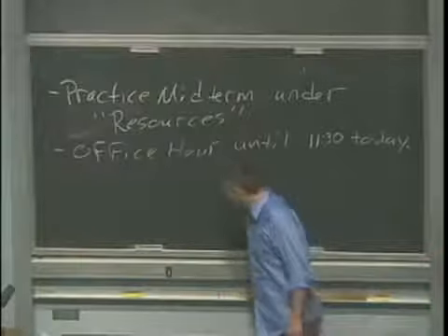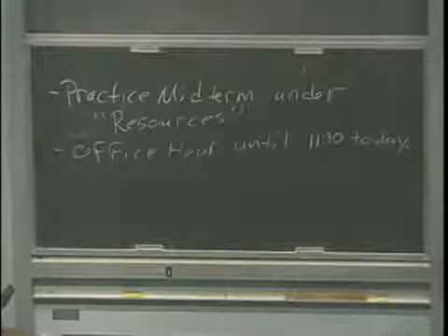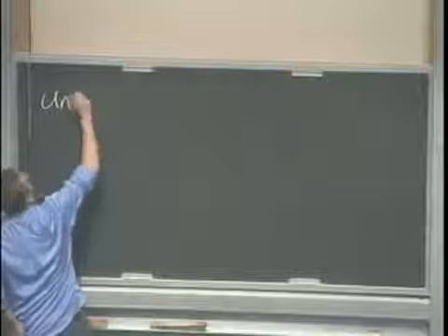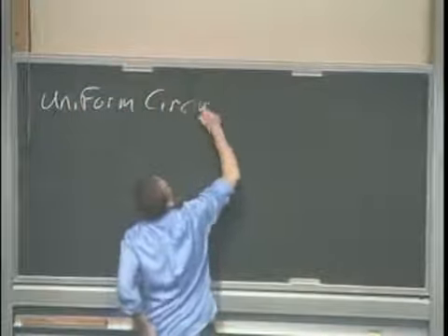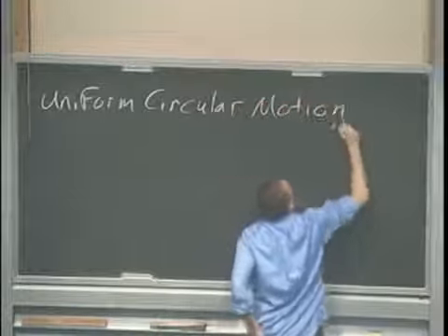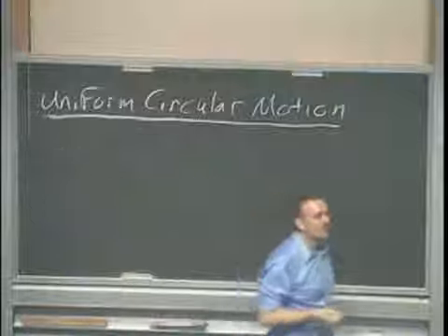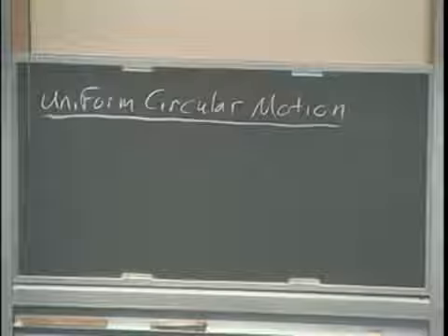today we are covering the last topic that is going to be on your first midterm, and that is uniform circular motion. Okay, this is a special case where we're just applying the same Newton's laws that we have looked at so far, but in a special form of motion.